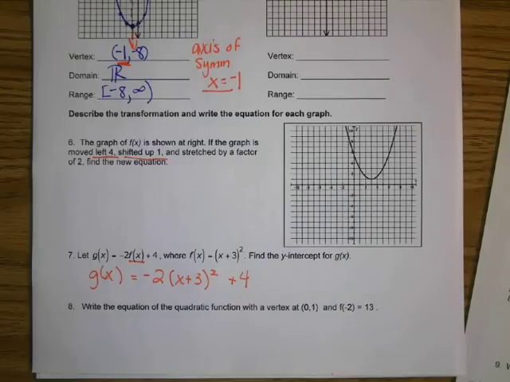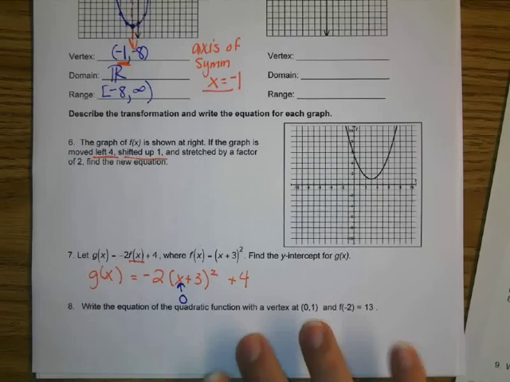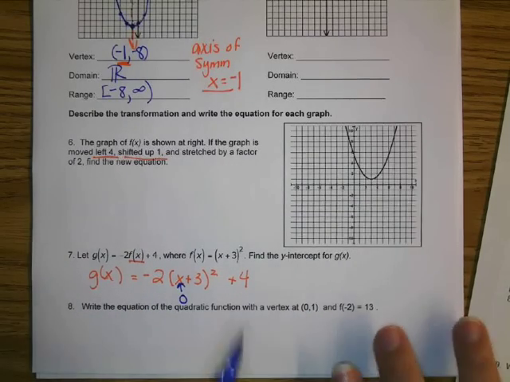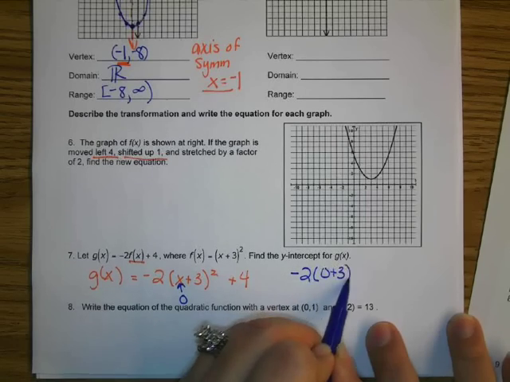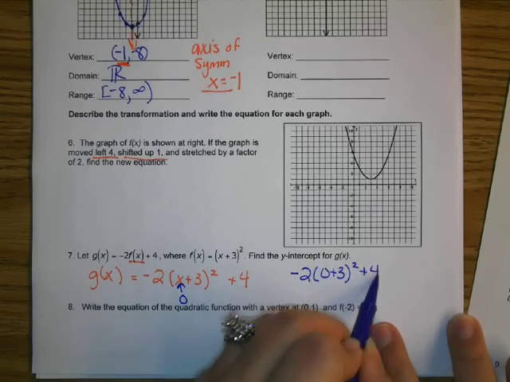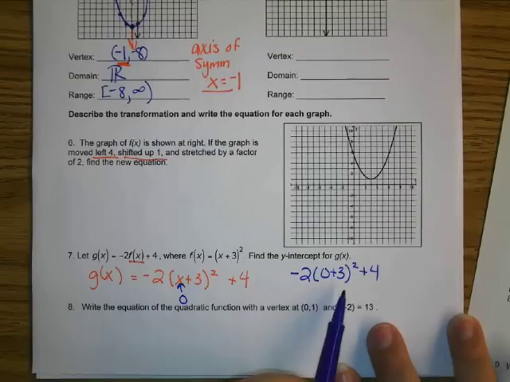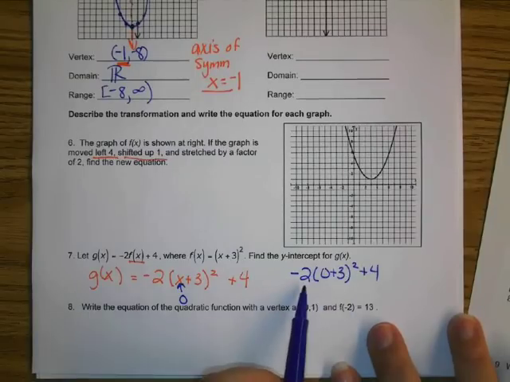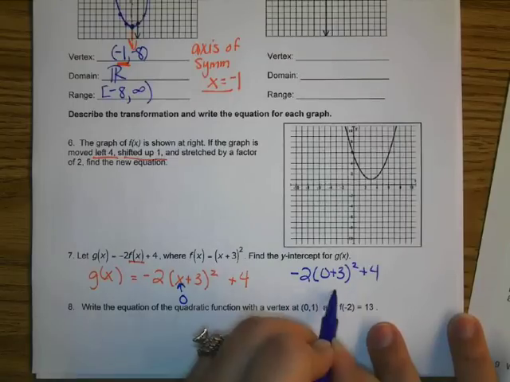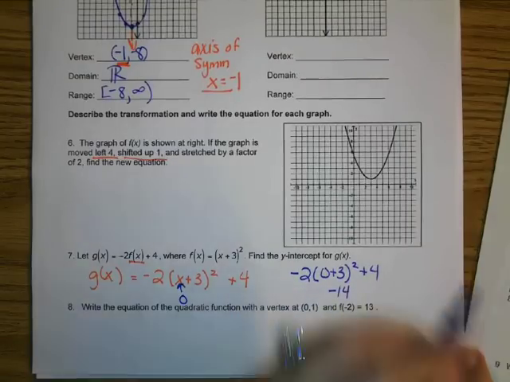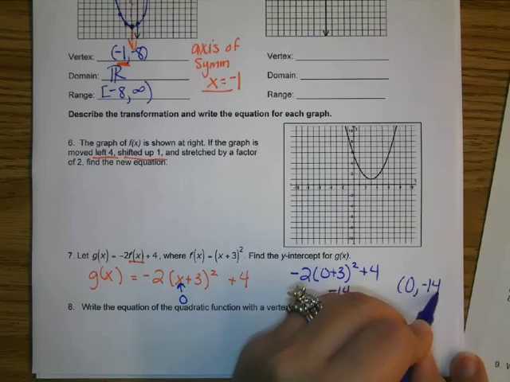Now if I want to find the y-intercept, then I need to let x be 0. That's how we find the y-intercept. So we have -2 times (0 plus 3) squared plus 4. What's 0 plus 3? Is 3. Squared is 9. Times -2 is -18. Plus 4 is -14. So our y-intercept is (0, -14).